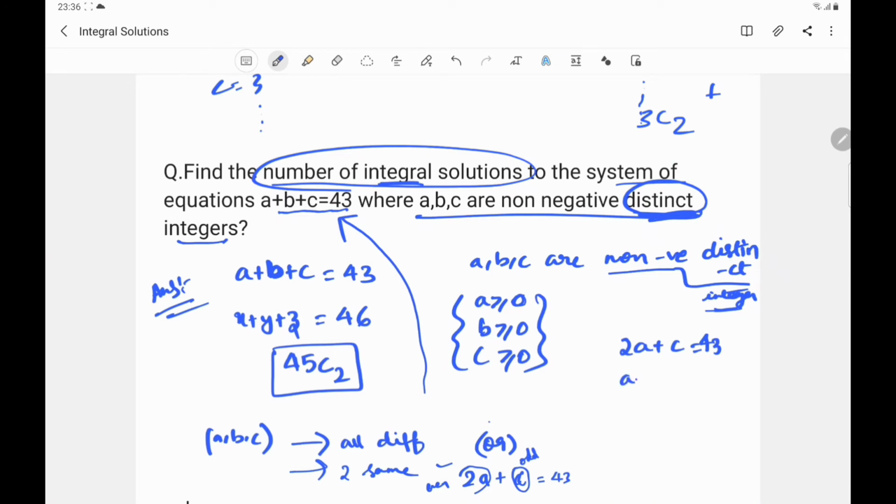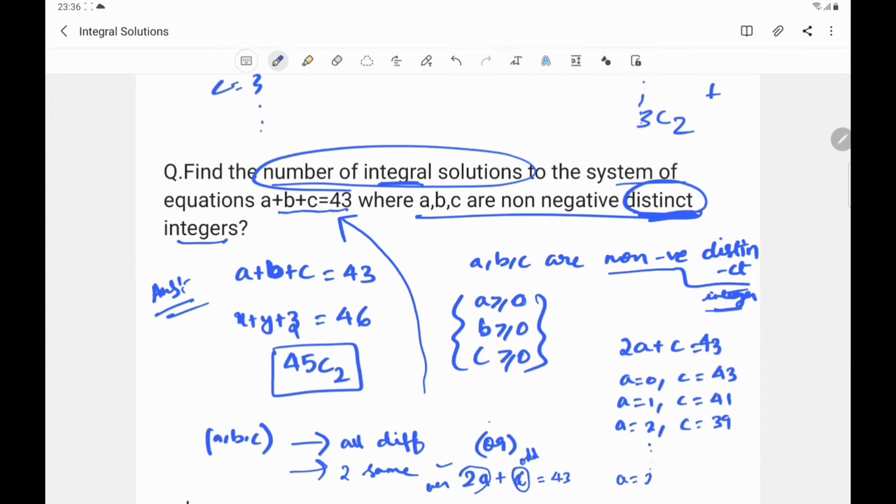If a is equal to 0, that means c is equal to 43. If a is equal to 1, then c is equal to 41. If a is equal to 2, then c is equal to 39. So it keeps on going. What is the last value which a can take?